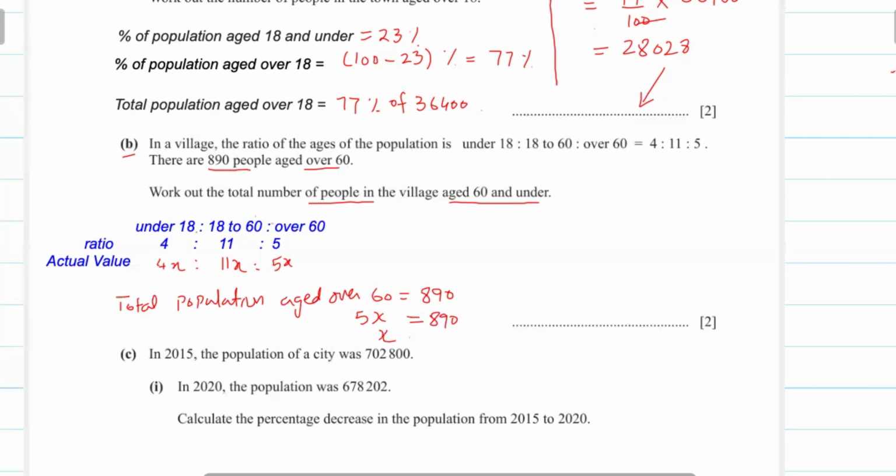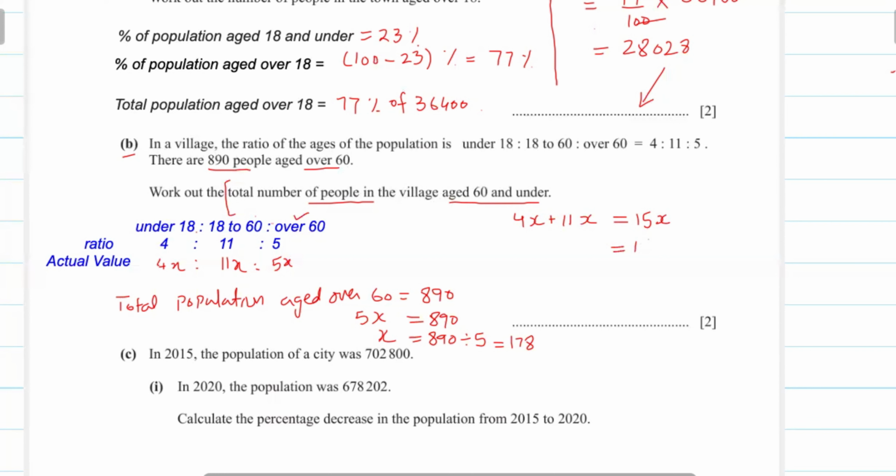Therefore, we can write x equal to 890 divided by 5. This will be equal to 178, and 178 is the value of x. Now the total number of people in the village aged 60 and under will be 4x plus 11x, which equals 15x.